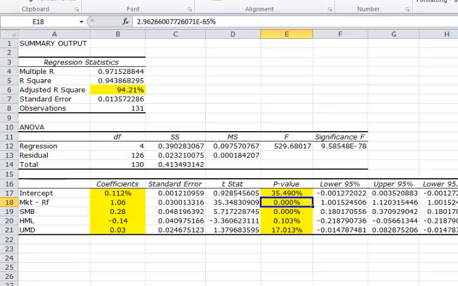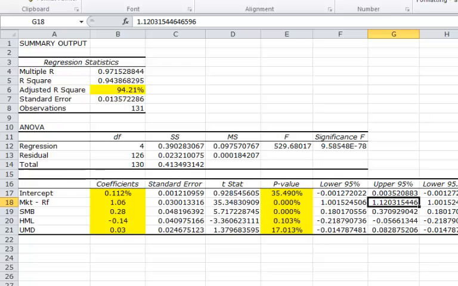We don't know the population beta on this risk factor, but if the population beta on this risk factor was actually 0, and then we grabbed a sample of our size and ran a regression, the chance of getting a beta that big is 0%. There's no chance that the population would have a 0 beta and we would get a beta this big by running a regression on the sample.